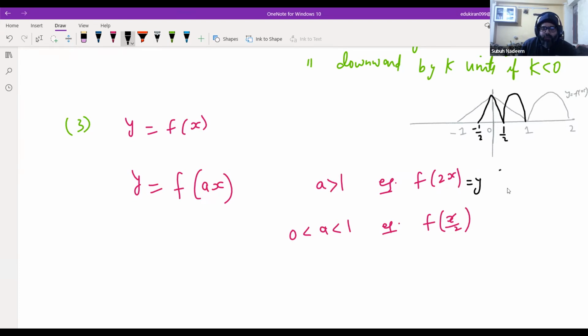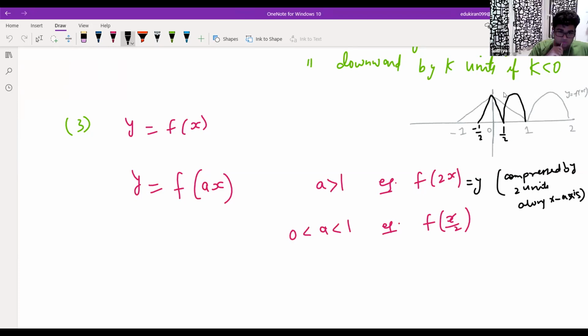So the graph is compressed by 2 units along the x-axis. Is it okay? 2 becomes 1, 1 becomes half. Is that for 2x or x by 2? This is for 2x.